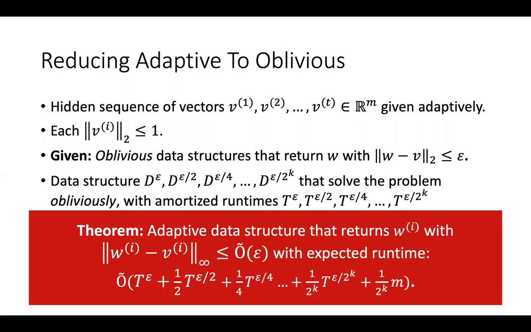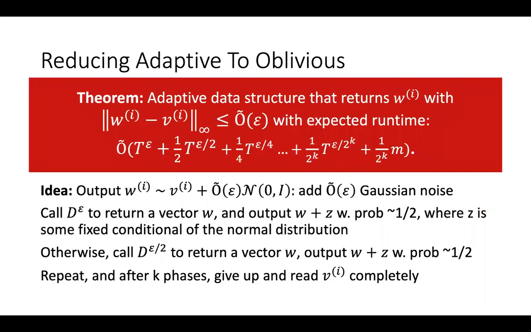But half the time, we're going to have to ask for higher accuracy, where we're on the boundary of what to decide. And then half the time, we'll have to go to the next error because we're still on the boundary. And we go for k layers like this. After k layers, the runtime is getting so expensive that we just give up and we just output it exactly. We just read off v, which is an n-dimensional vector, and output the whole thing. So that's intuitively what's happening.